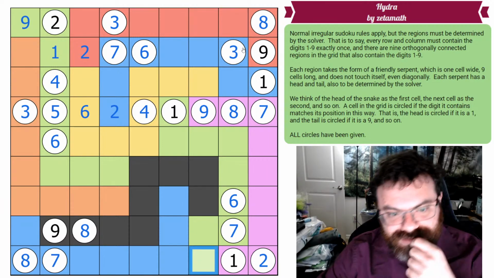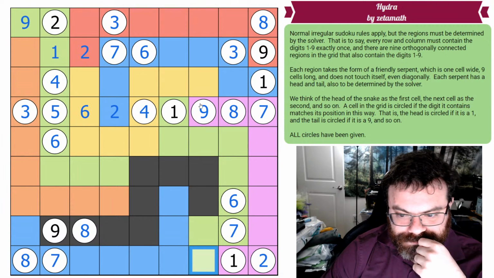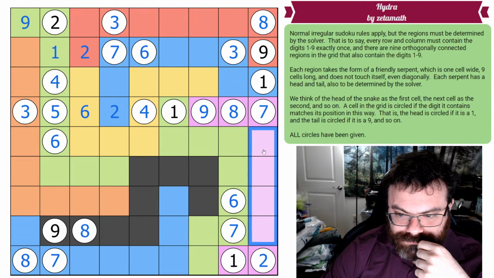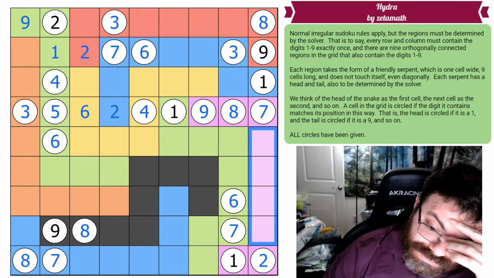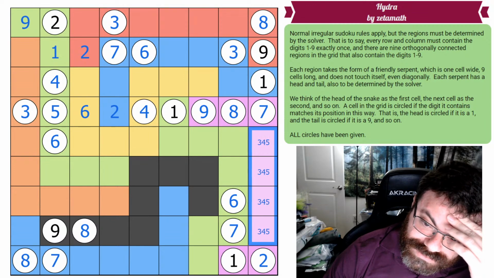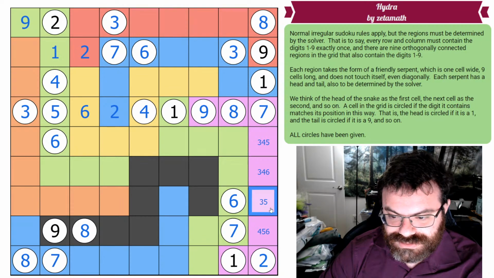Yeah, irregular plus negative constraint. So this column needs 3, 4, 5, 6. And this can't be 3, 4, 5, 6. This can't be a 6.